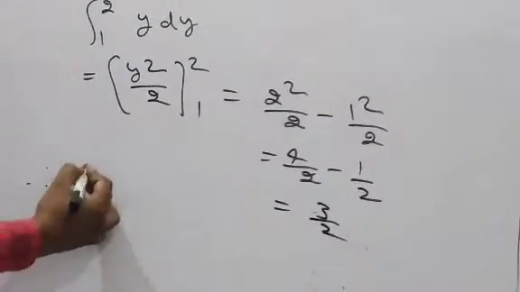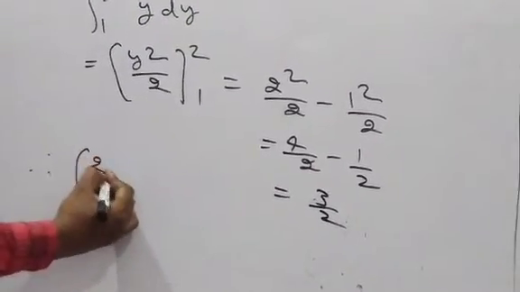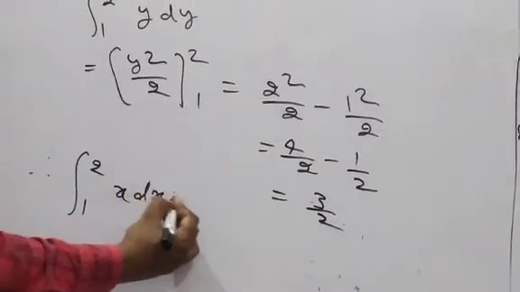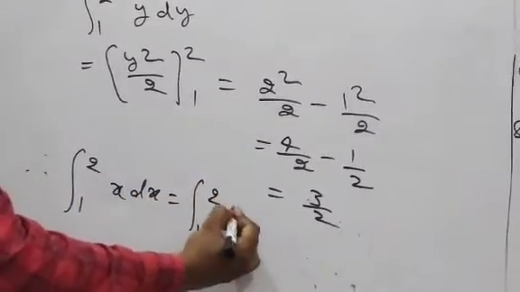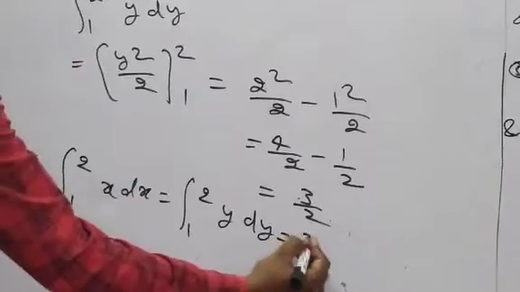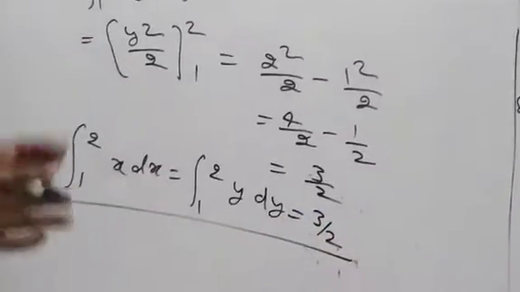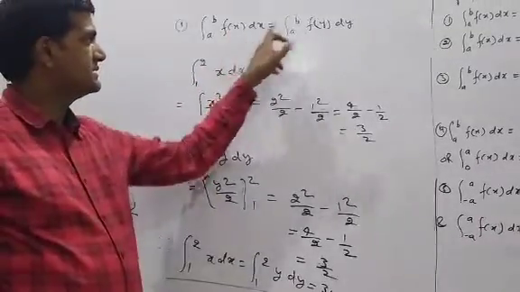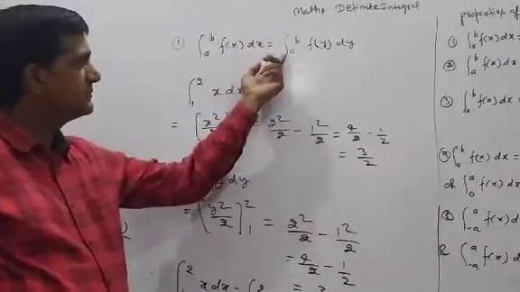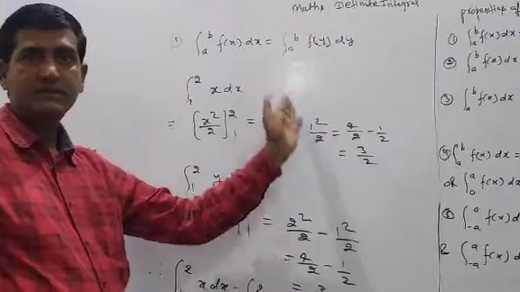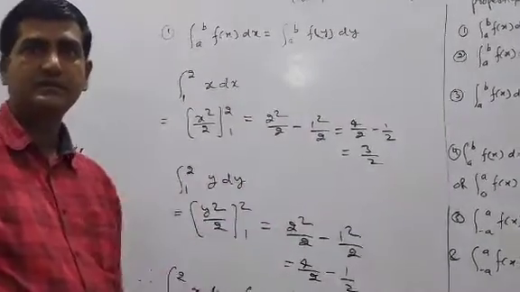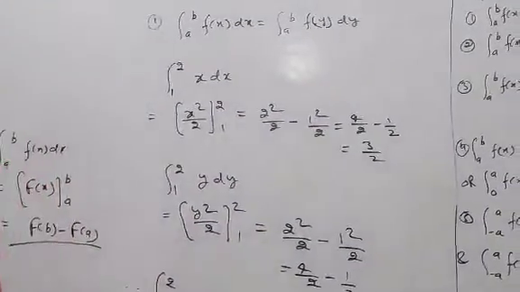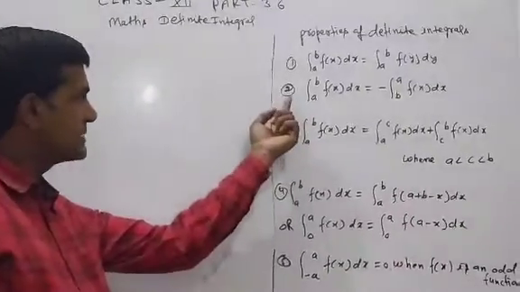Therefore, integral 1 to 2 of x dx is equal to integral 1 to 2 of y dy, which is equal to 3 by 2. Then we can say if the variable is changed, the limits are the same, then the answer remains the same. Clear? Okay, good.